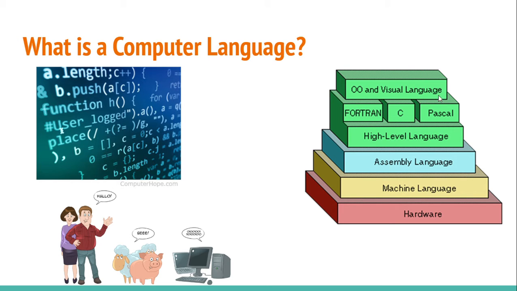For instance, if one computer language has a word for print, but another computer language has a different word for print, that would be one differentiating character grouping that would make two different languages different.